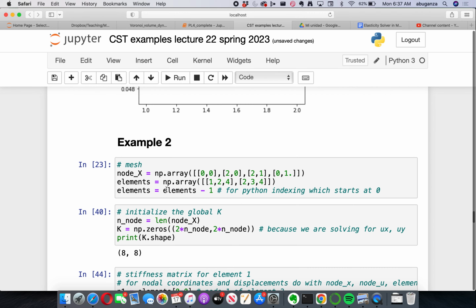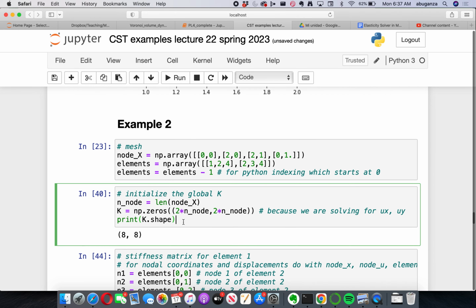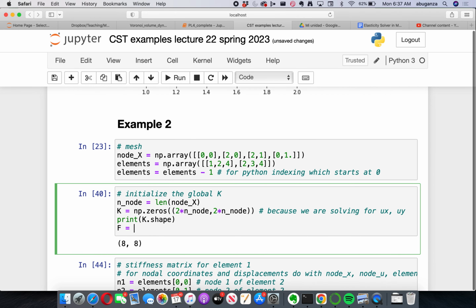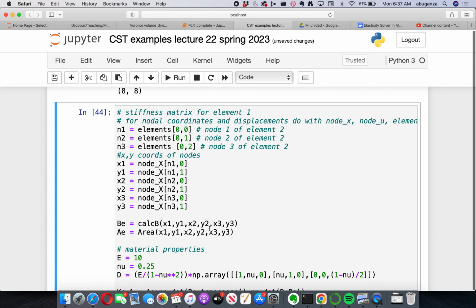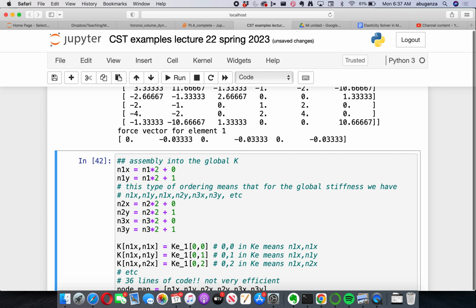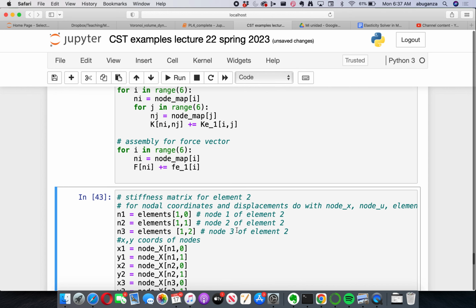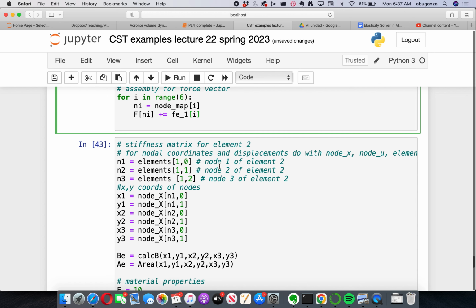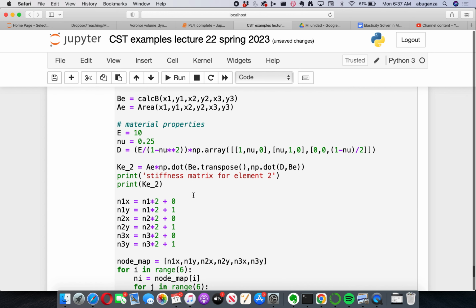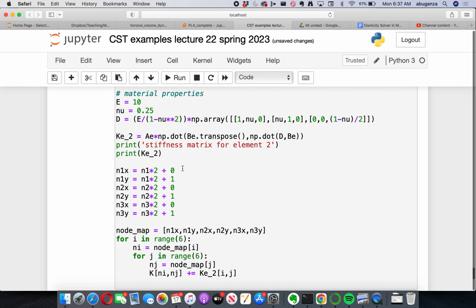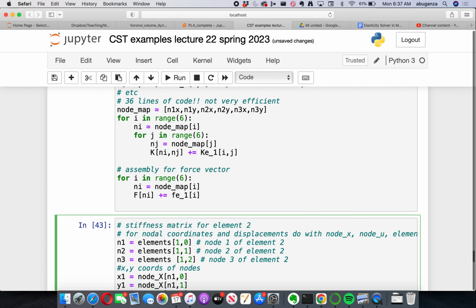I'll go back here, and the same way that I'm defining the global stiffness matrix, I'm going to define a global force vector, which is 2 times the number of nodes. And now I assemble both the stiffness and also the force vector. For the second element, let's do the force vector here.